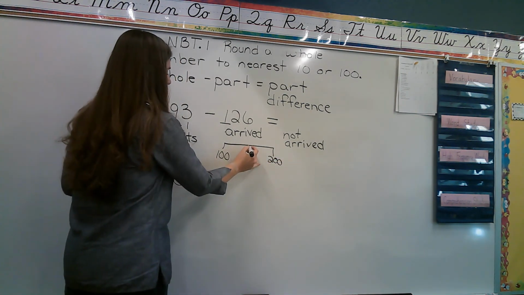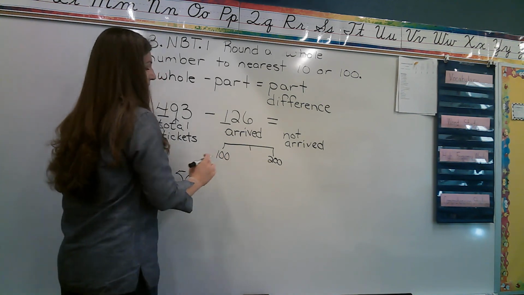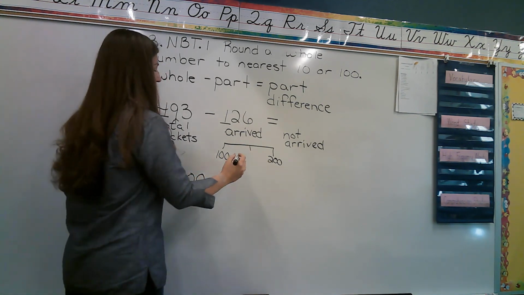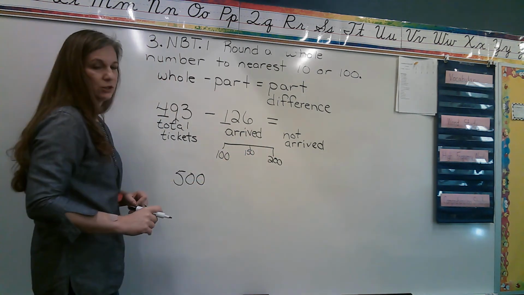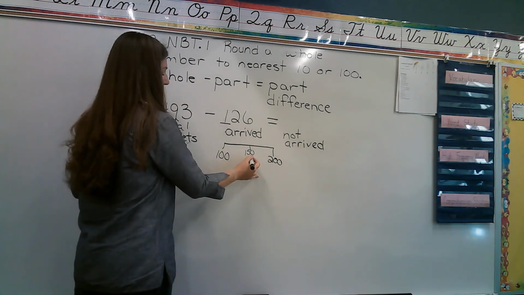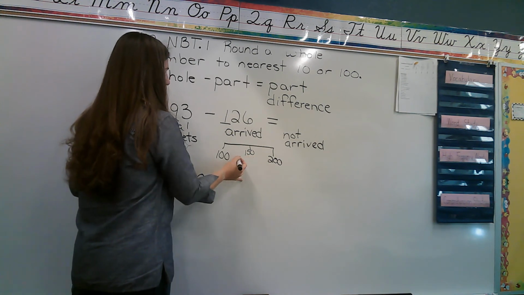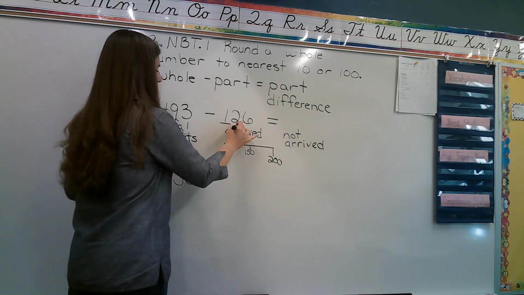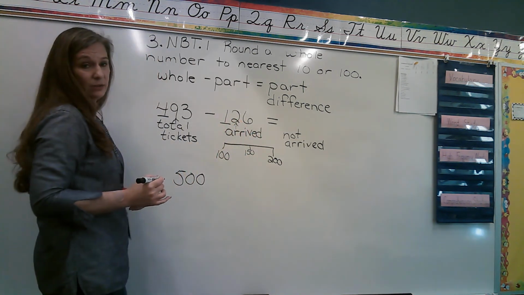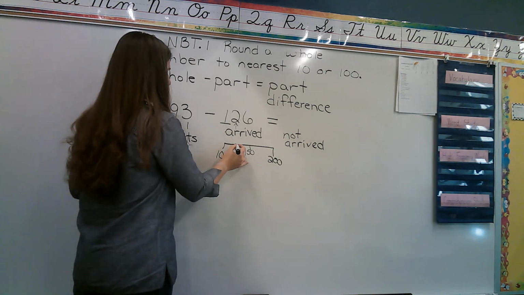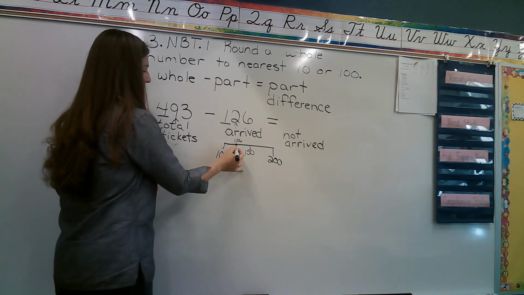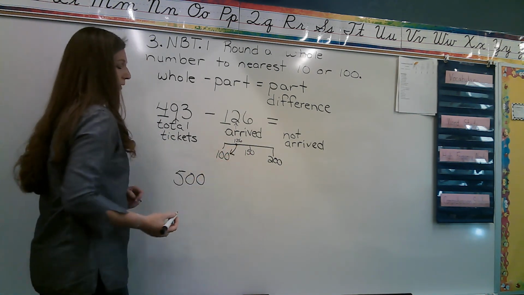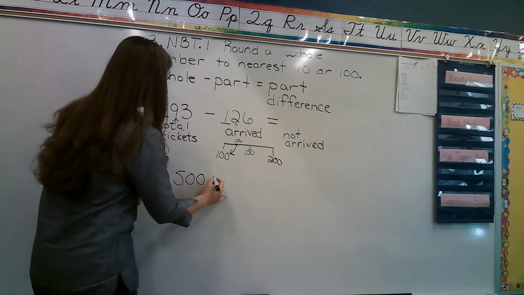Remember that 50 is in between two groups of 100, right in the middle, and we use 50 as our benchmark to decide: are we going to round up to 200 or down to 100? So if we look at our tens place, we see 20, and 126 might be right around here somewhere. So noticing that it's less than 150, we're going to round down to 100.